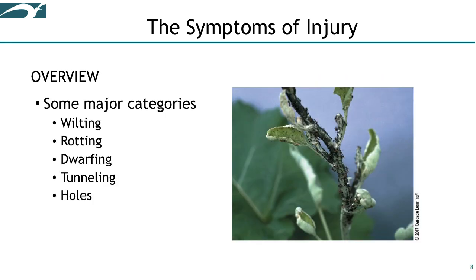There are common symptoms you will find on your plants: wilting of the leaves. Some of your plants will start rotting, and there will be dwarfing, tunneling, and holes made all over your leaves. These are symptoms that will allow you to know that there is a problem with the plants and what insects are around.